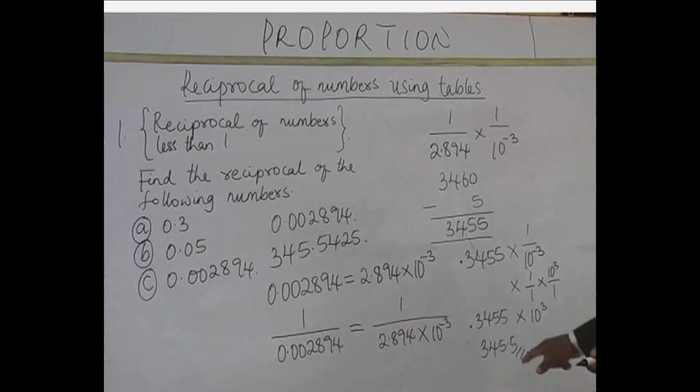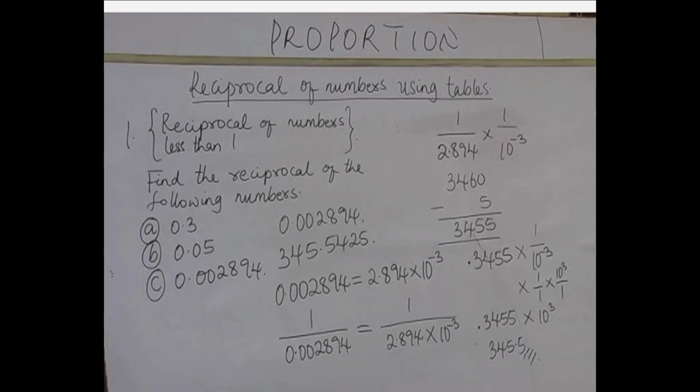And we have used our 4-figure table now, and we still got 345.5.